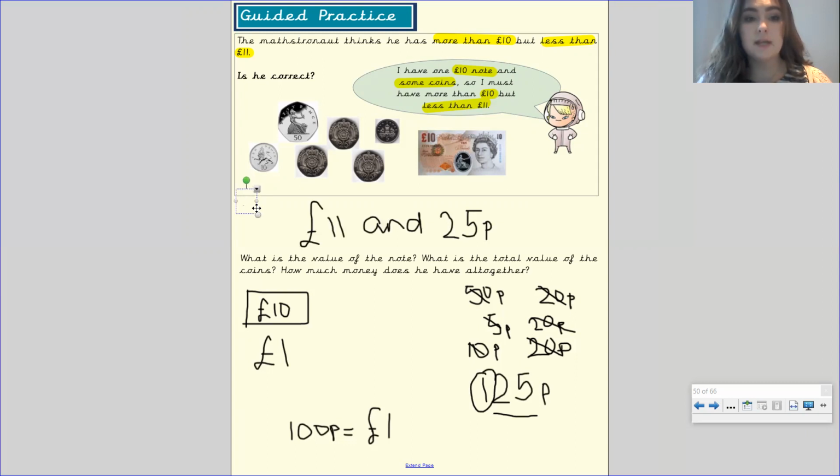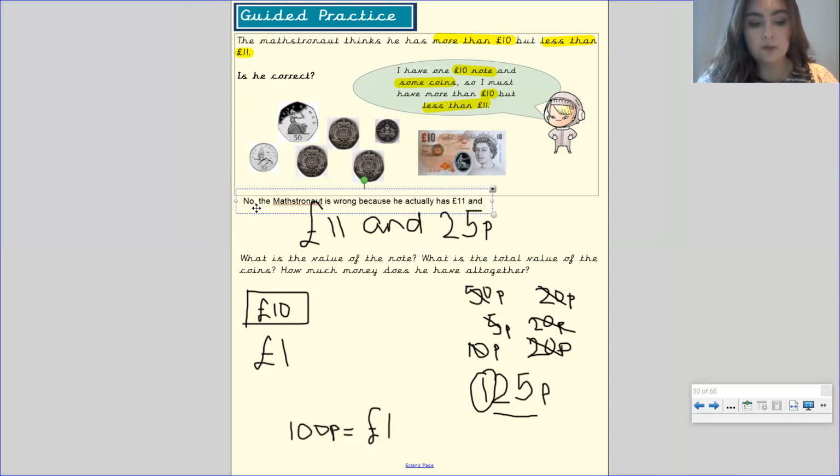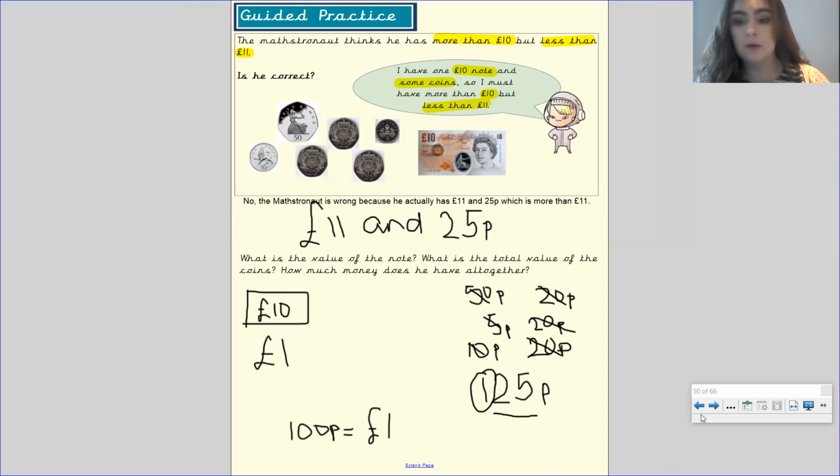Well done if you said no. So the way that you would answer this question would be by saying, no, the mathstronaut is wrong because, there's our explaining word, he actually has £11 and 25 pence, which is more than £11. That is how we would answer that question.